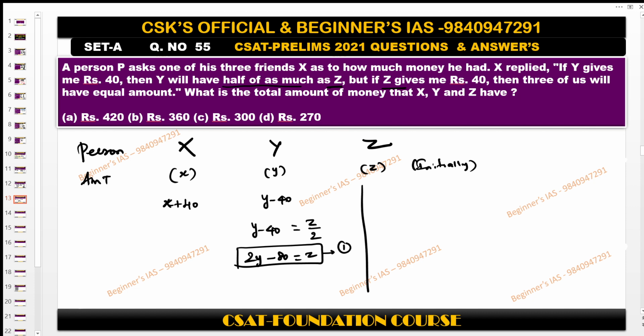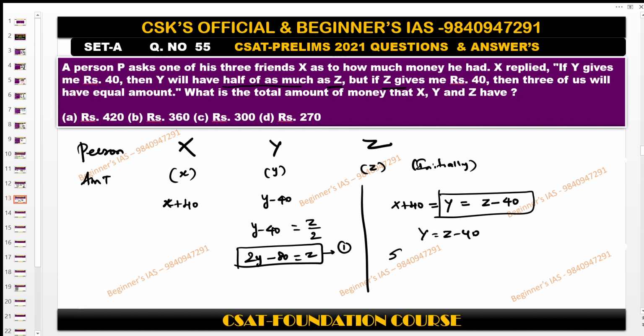I am taking the other statement. Suppose Z gives 40, which means x plus 40, and Z's amount gets reduced. If it is so, we all three have an equal amount. With this, you can say y is equal to z minus 40.